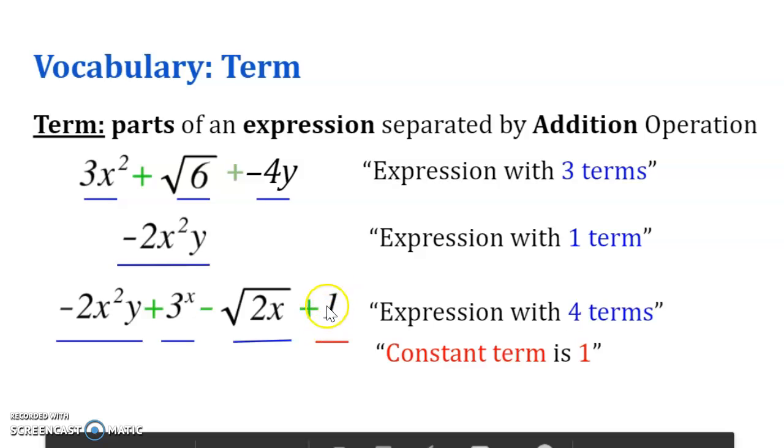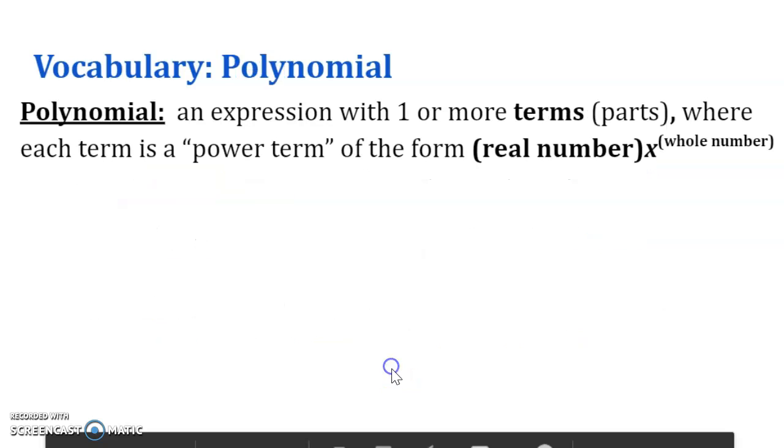And the constant term is the 1. Okay? The constant is the one without any variables. And we call that constant. So we have 4 terms and one of the terms is constant.